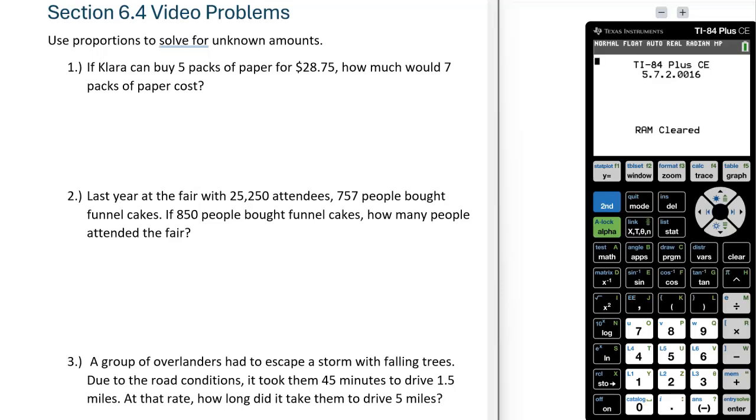Okay, so the first thing to remember is what a proportion is. And I also want to point out that up here in the instructions, it says to use proportions to solve. So make sure that you look at the instructions, and if there's a way that is specified, you need to use that way.